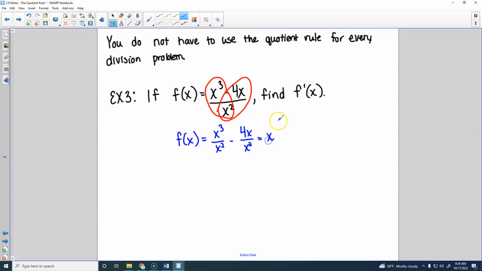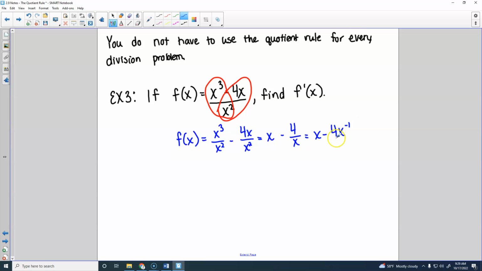That would be just x to the first power minus 4 over x. And we'd write that x minus 4x to the negative 1. Factoring out the x essentially does the same thing, but you're going to do the love connection in the next step after that too. So this is just a little faster.